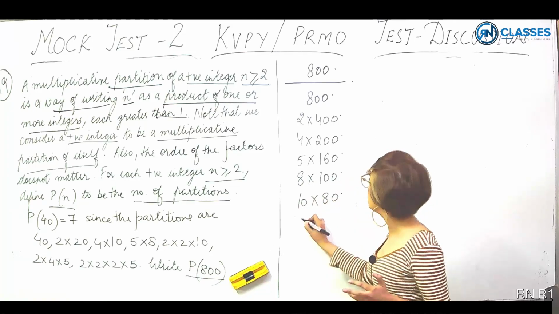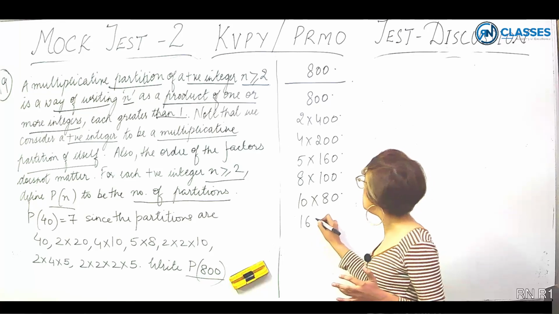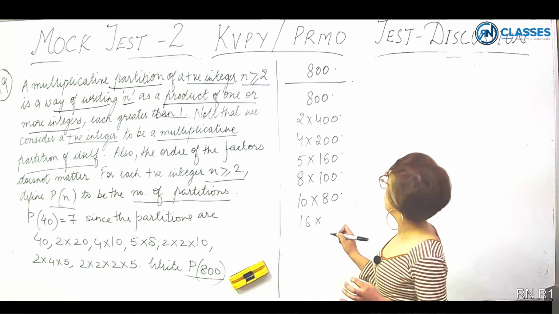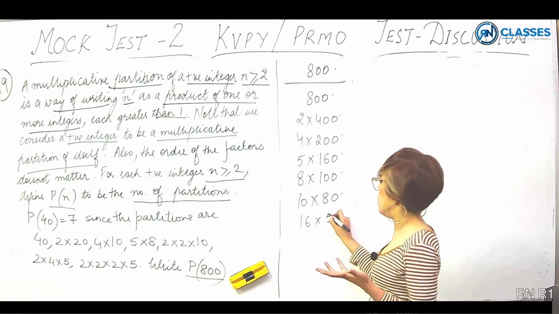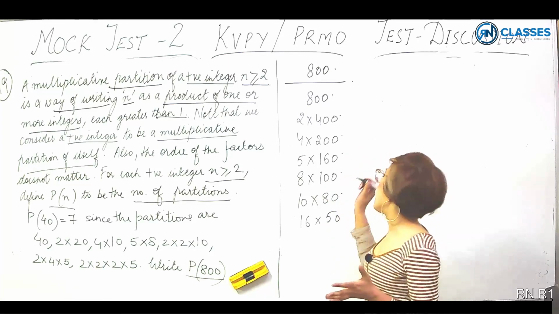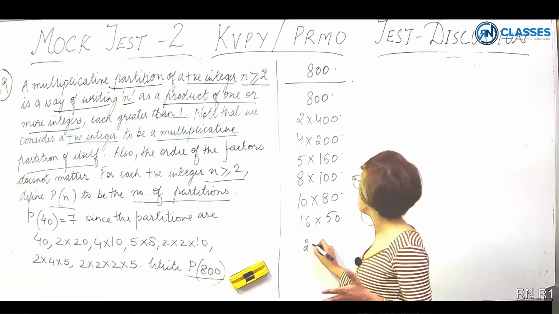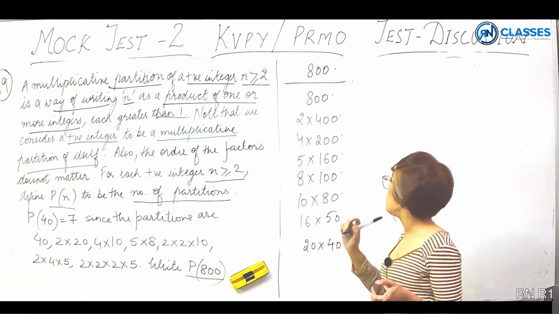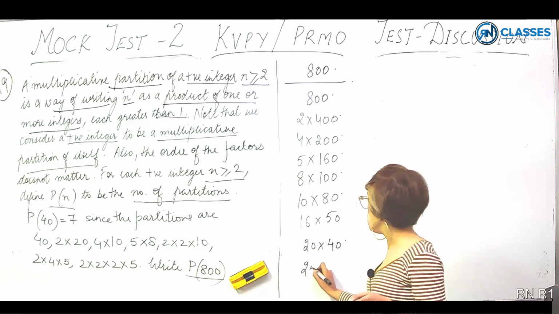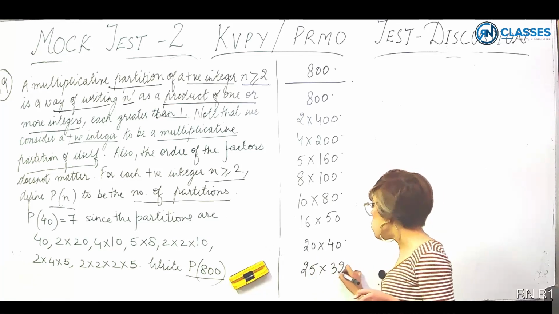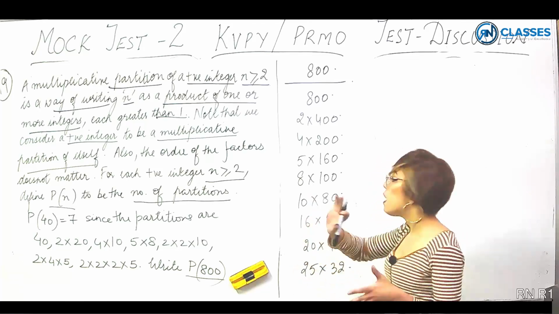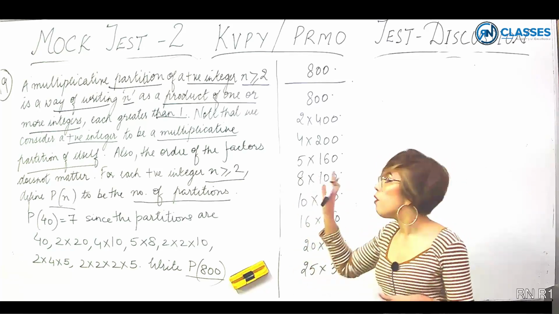Then I can have 16 into 50, of course, right? Then I can have 20 into 40, right? Then I can have 25 into 32, and then I will start repeating it, right? Because 32 into 25, again, ordering does not matter, so I've already written it.